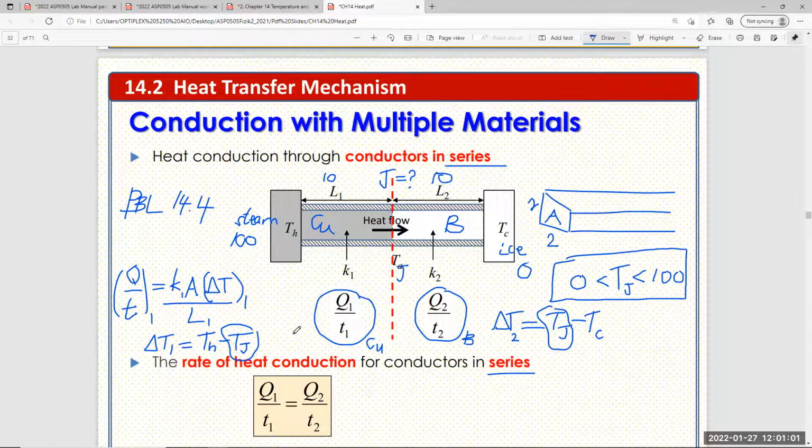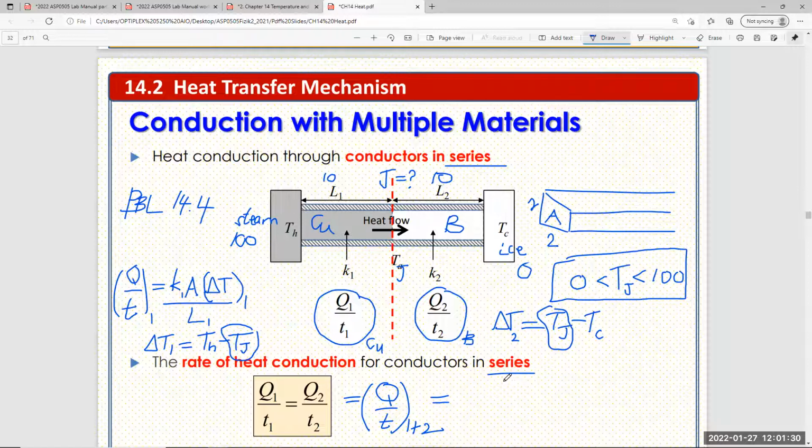If you want to say this as a general one, Q over t overall, for 1 plus 2, I can write it down from TH to TC without J there.